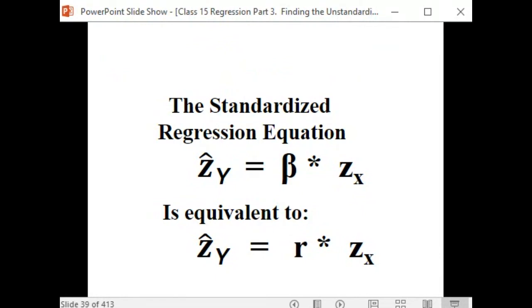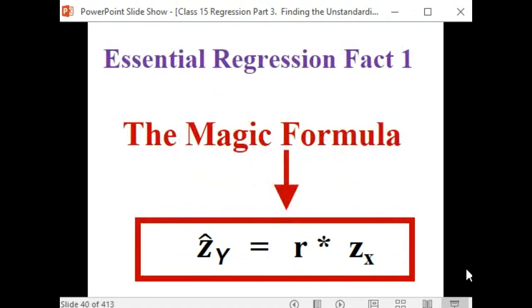In the first version, the predicted value of the z of y is equal to beta times the z of x. In the second version, r is substituted for beta, so the predicted value of the z of y is equal to r times the z of x. And these two equations are equivalent.